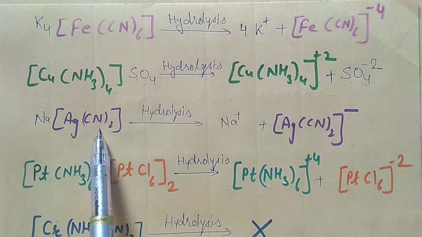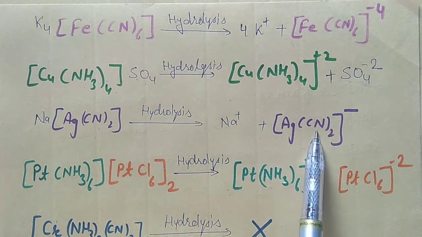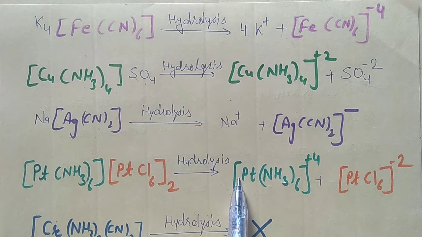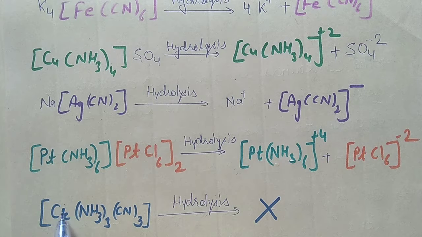And in Na[Ag(CN)2], only Na plus ions are obtained, not Ag plus, not CN minus. Same in these, no Pt plus 4 ions are obtained, no chloride ions or ammonium ions. As this compound [Cr(NH3)3Cl3], on hydrolysis no ion is obtained.